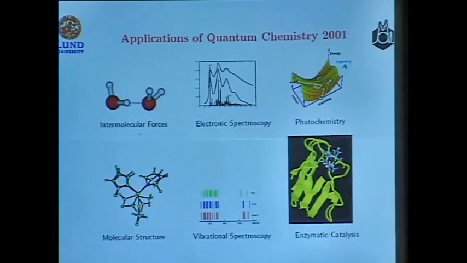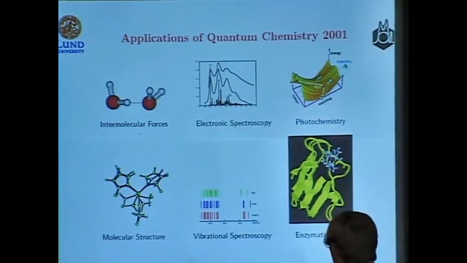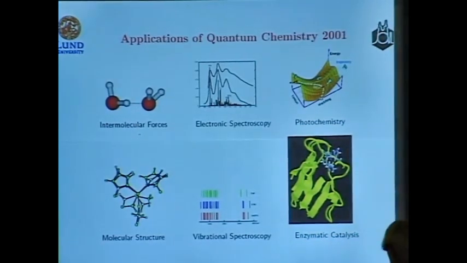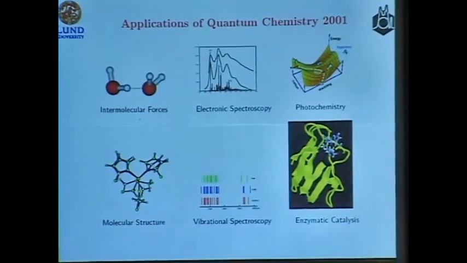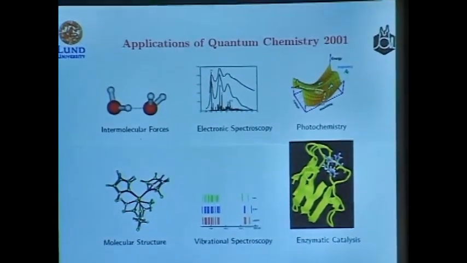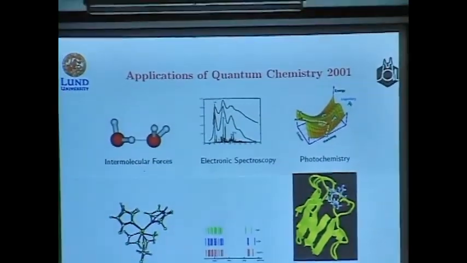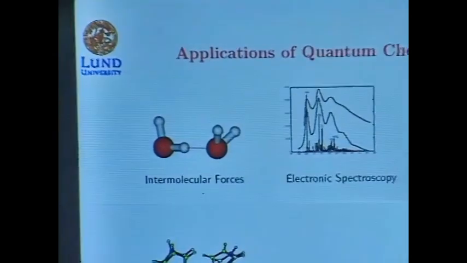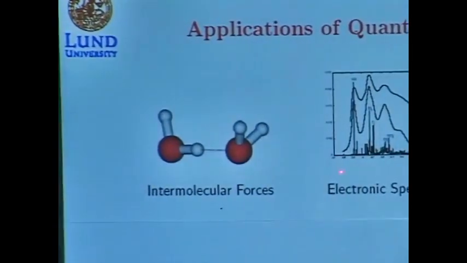This is just some typical examples of calculations that are being done today. Intermolecular forces, and that is especially for generating force fields for MD, and for studying small clusters, etc., weakly bound systems like water clusters, droplets, etc. Electron spectroscopy, this is an electronic spectrum of a molecule.